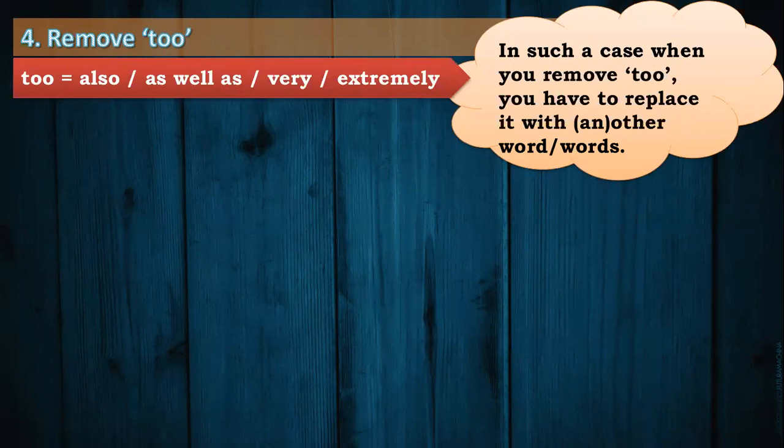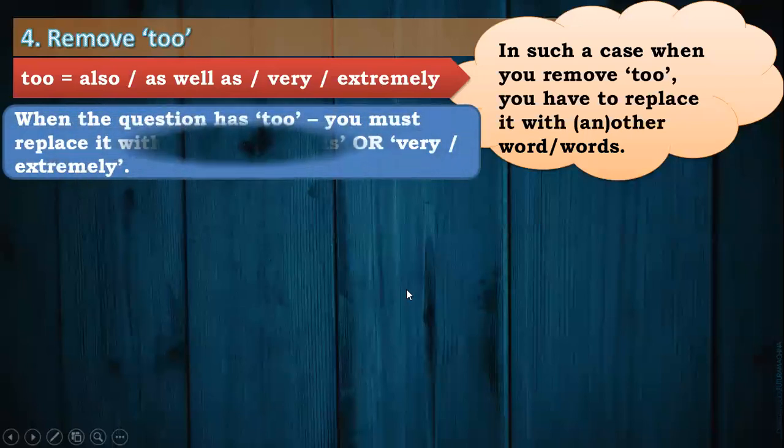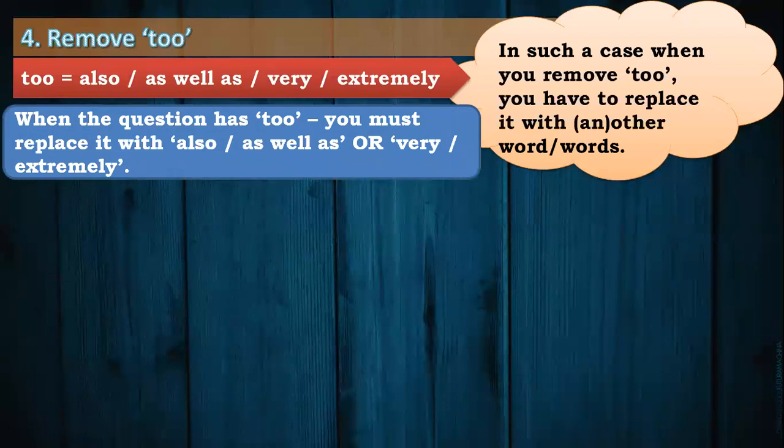While the other one is to plus adjective plus infinitive and so on. So right now we are only going to focus on the first format, that is what if we have only to, and how do we replace it with also, as well as, very and extremely.